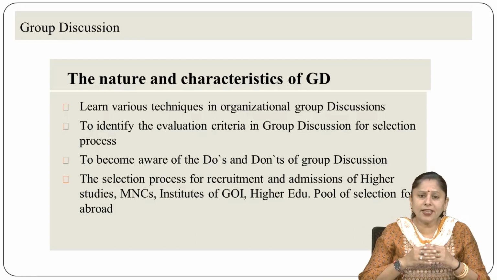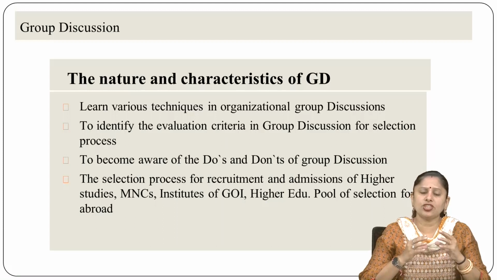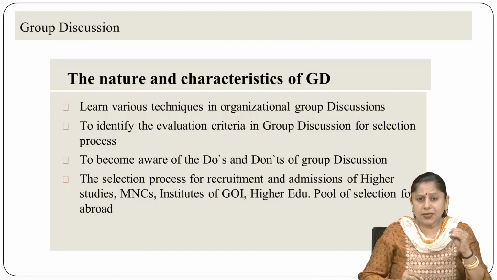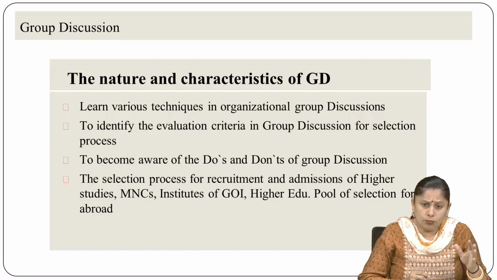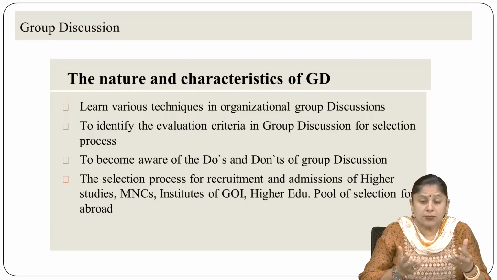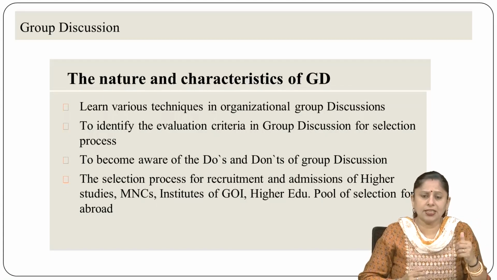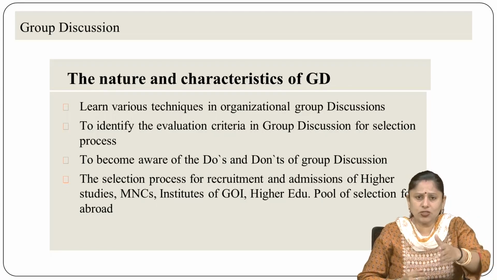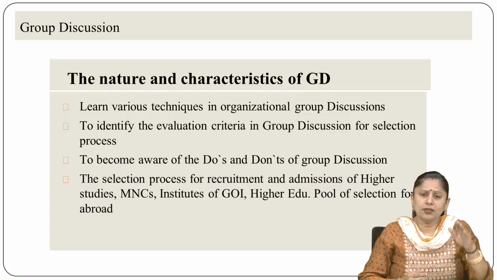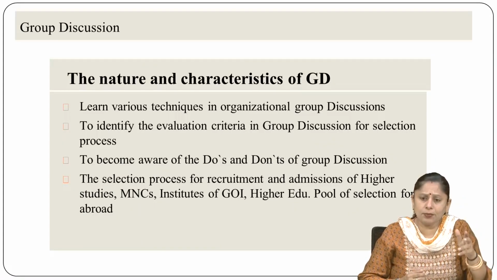To identify the evaluation criteria in group discussion for selection process. Look, basically when there is a very important selection of the candidate, there is a necessity of group discussion to get extreme information from that particular candidate. When the candidate is asked many questions, he is known with his capacities or she is known with her capabilities.